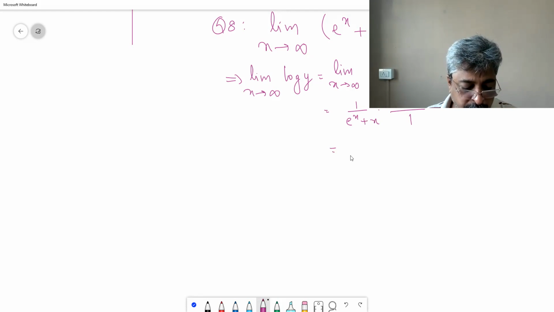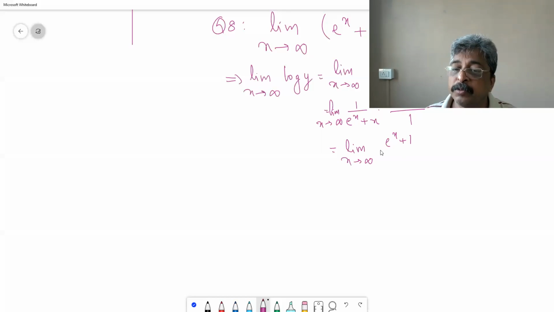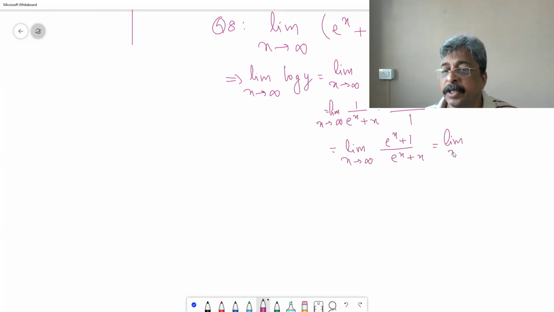Correct? Which makes it limit x tends to infinity (e^x + 1) upon (e^x + x). Again infinity upon infinity, so differentiate: limit x tends to infinity e^x upon (e^x + 1).